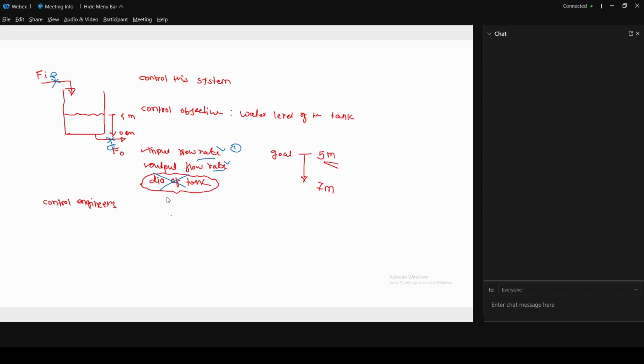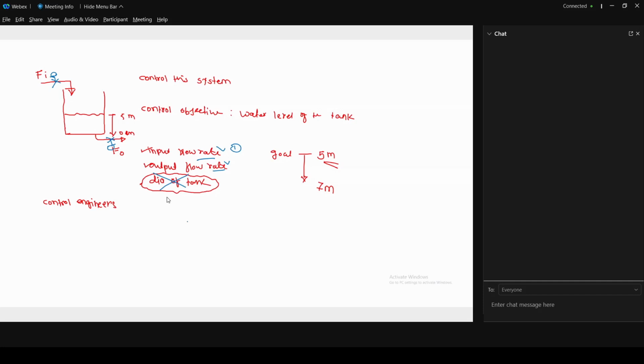We need to find out, when we want to manipulate something, the variable we select for manipulation should have maximum impact on my output. Here my output is the water level of the tank.